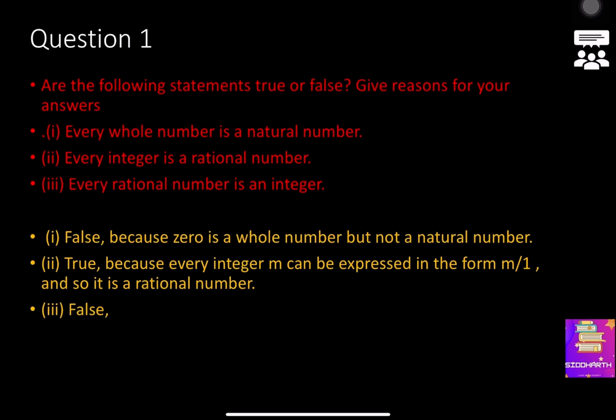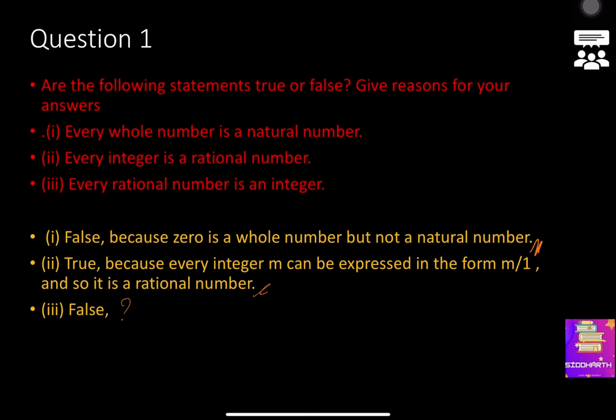Now let's discuss the answer. Yes. The first one is false, as we have discussed, because 0 is a whole number but not a natural number. The second one is true because every integer m can be expressed in the form m by 1. The third one is false. Why?